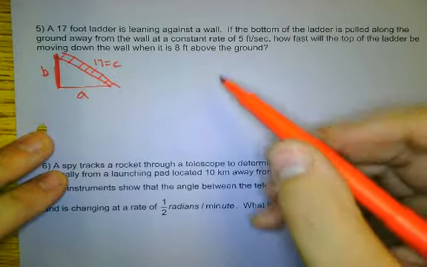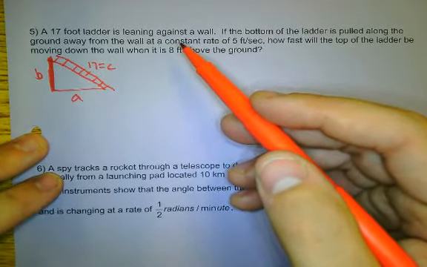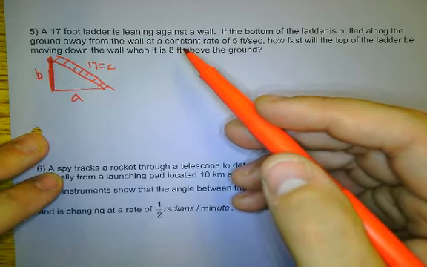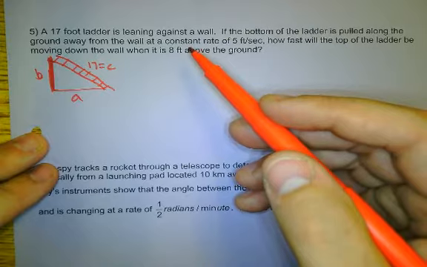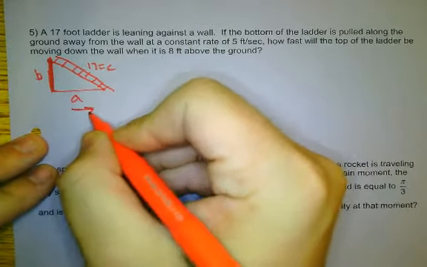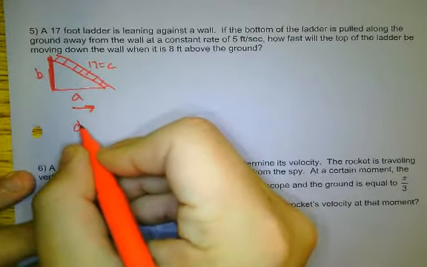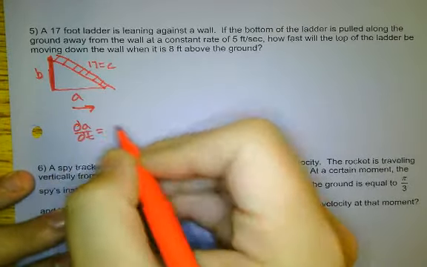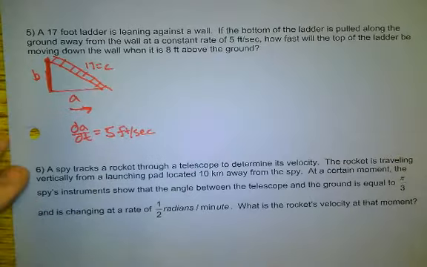So what do I know? The bottom of the ladder is being pulled away. So what does that mean? The bottom is getting pulled away, so what's changing? So dA/dt is equal to 5 feet per second.